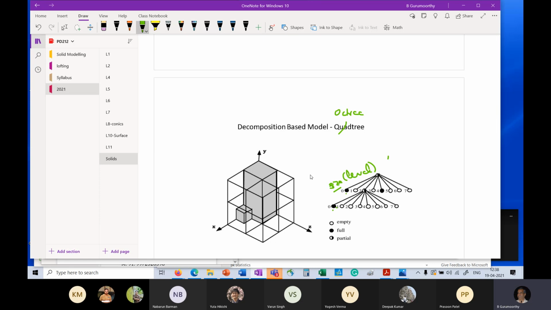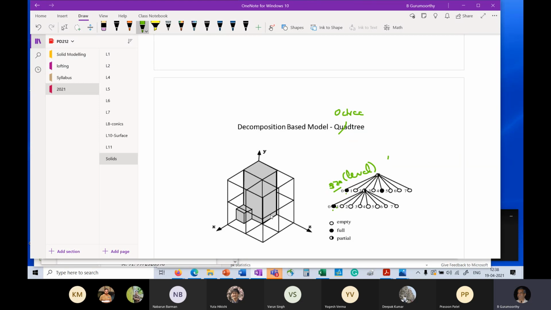So conciseness becomes a very attractive feature. You are storing a much smaller number of cells here as compared to the previous one. But the price you pay is that you cannot just count the number of cells and find the properties. You have to count the number of cells at each level and then find the property at each level and then add them up.